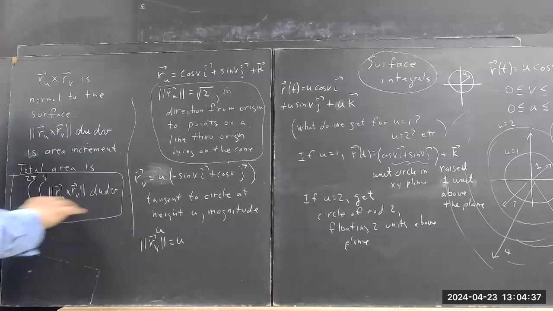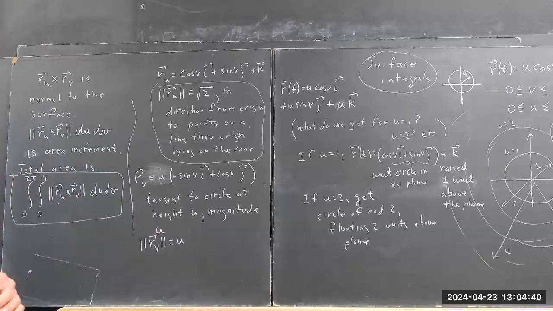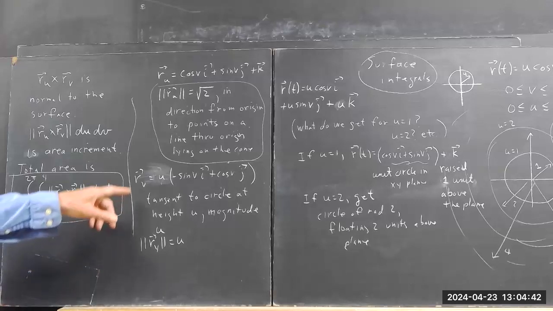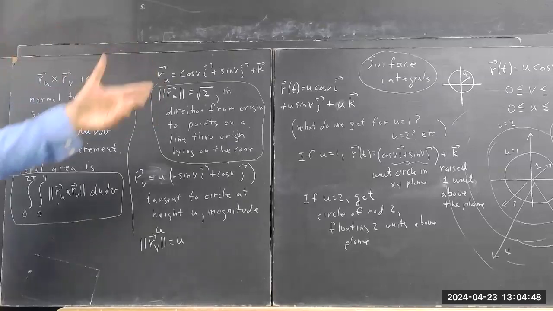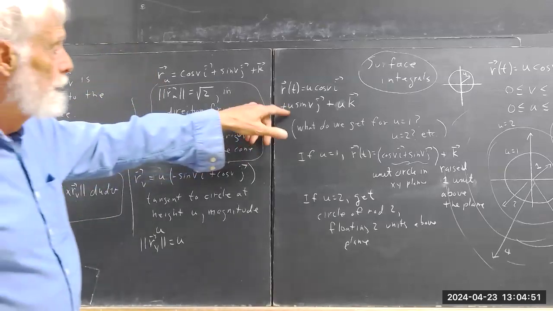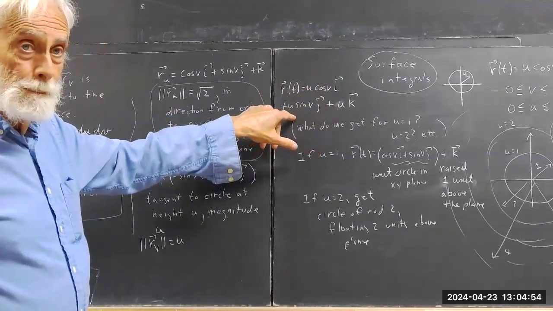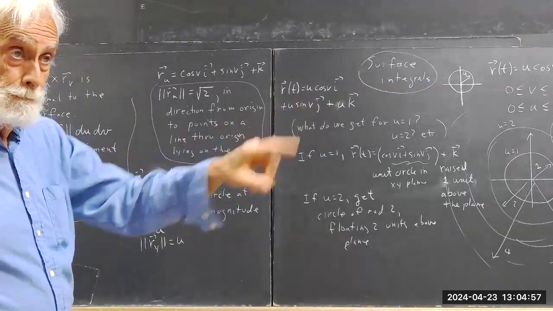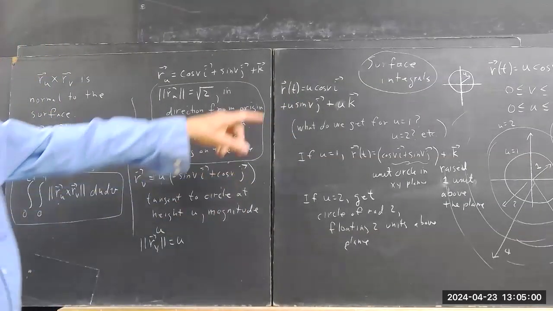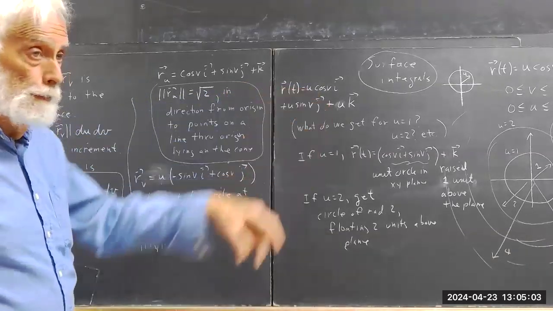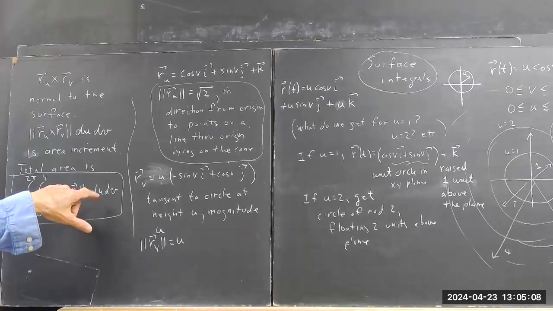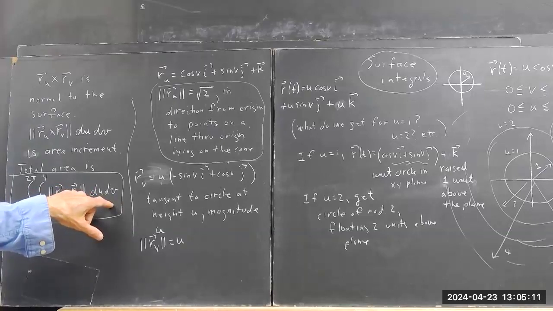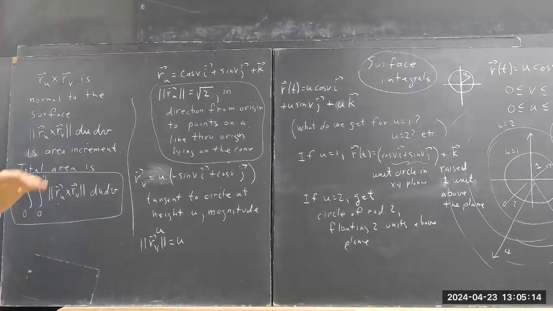Your surface is parameterized by a function, by an R vector. You can just take the derivative of R with respect to U, the derivative of R with respect to V, take the cross product, and multiply for an integral over UV space. So we'll digest that a little bit. We might talk about that a little bit next time.